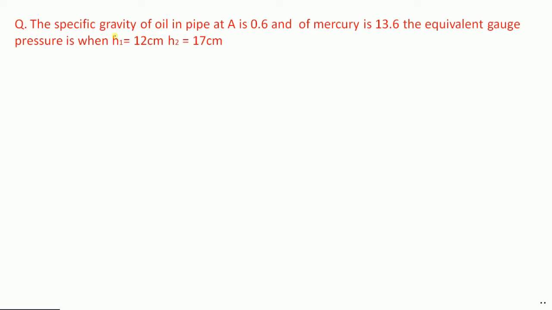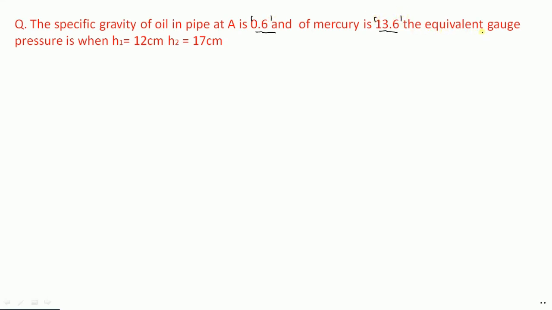The specific gravity of oil in a pipe is 0.6 and mercury is 13.6. They are telling specific gravity of oil is 0.6 and mercury is 13.6.